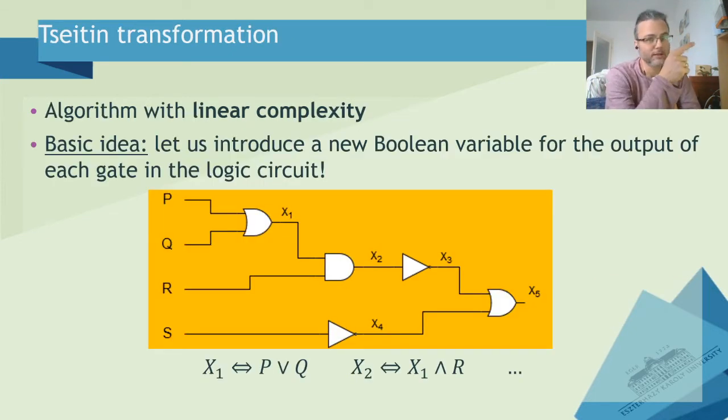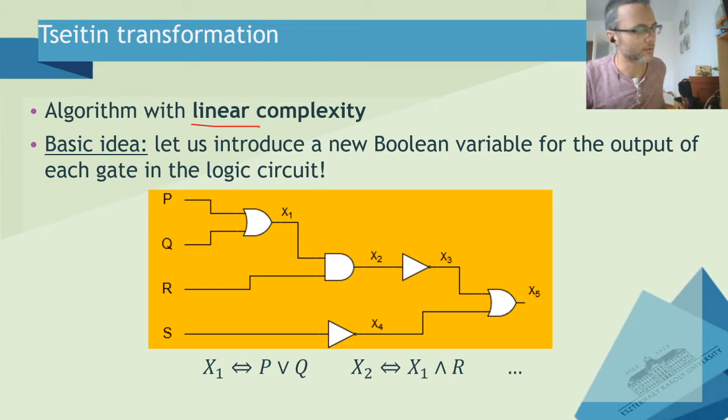Actually, in real life in industry, the third type of algorithm is used because it's not exponential, it's linear. You know, the linear function is like a line. It's not as steep as the exponential function. It's much more moderate.